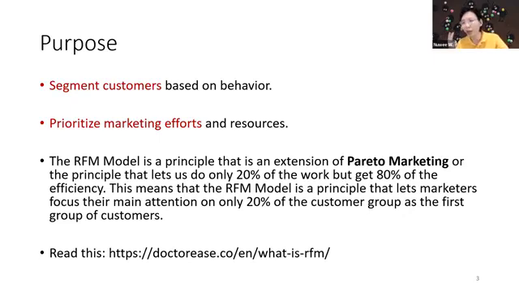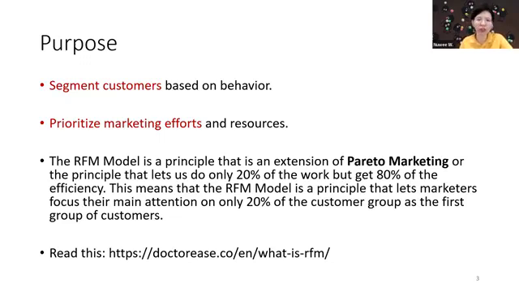So the 80-20 rule means you do only 20 and you get 80. This is better than doing 80 and just getting 80, right? You do only 20 but you get 80, so this is quite a better thing to do.